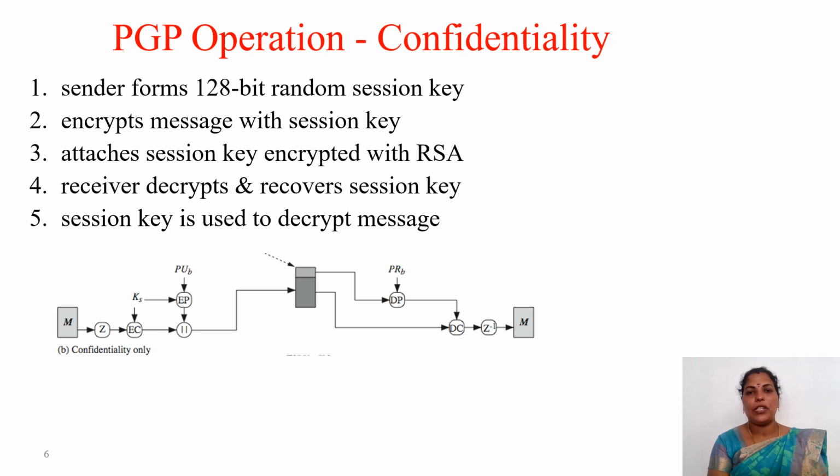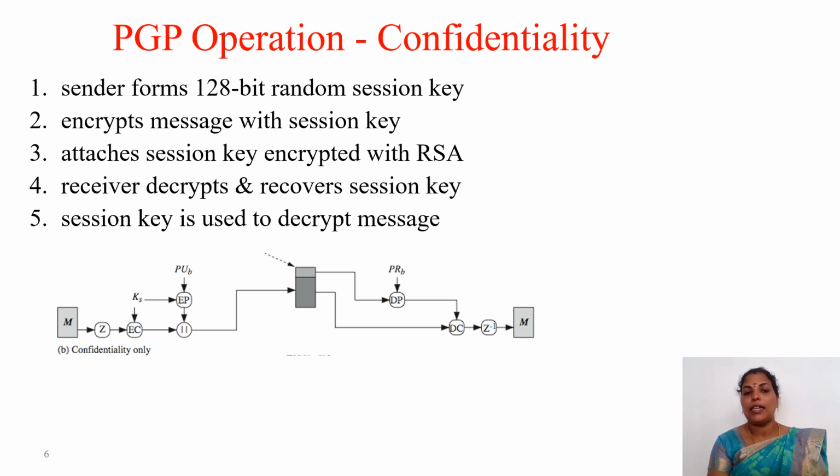Next is PGP operation with respect to confidentiality. Here the sender forms a 128-bit random session key. The sender encrypts the message with the random session key, then attaches the session key encrypted with the RSA crypto system. Then the receiver decrypts and recovers the session key, and the session key is used to decrypt the message.